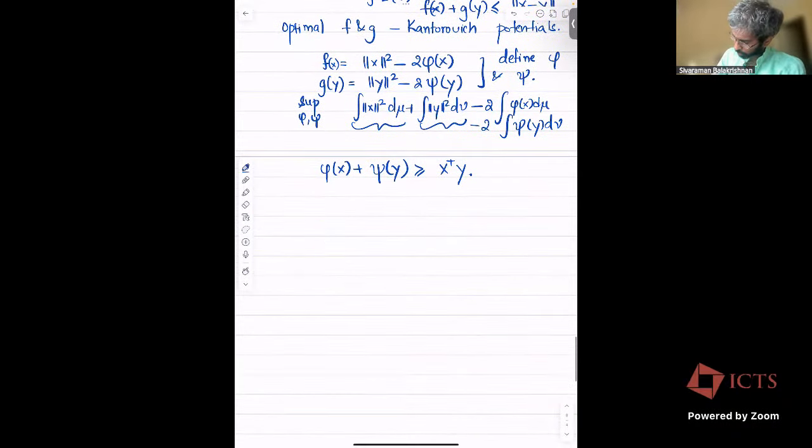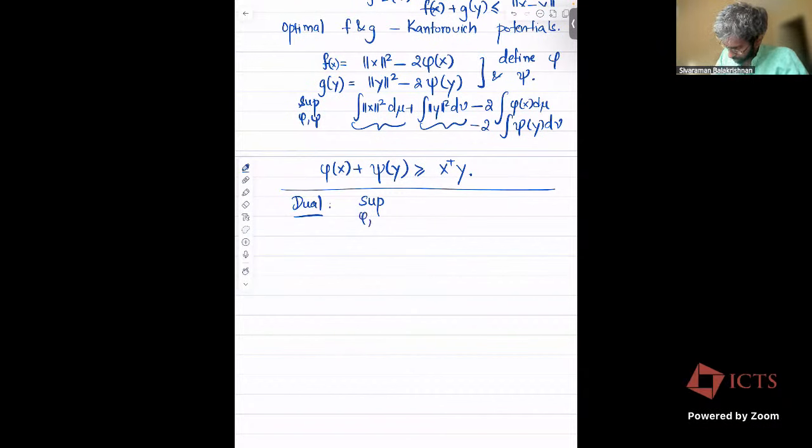And so what am I arriving at? I'm arriving at the following dual instead. You can instead try to solve this thing. Up to this constant shift, it's the same dual, but it'll just be clearer what's going on now.